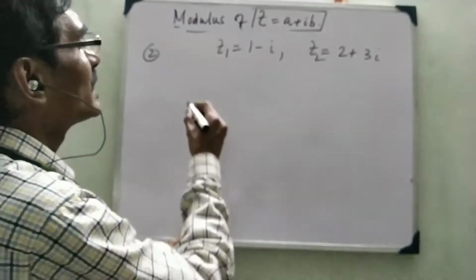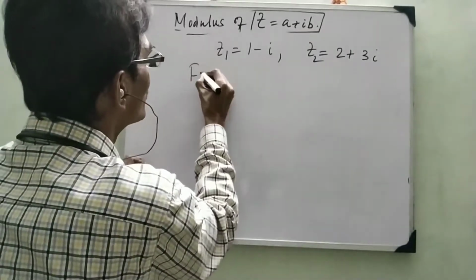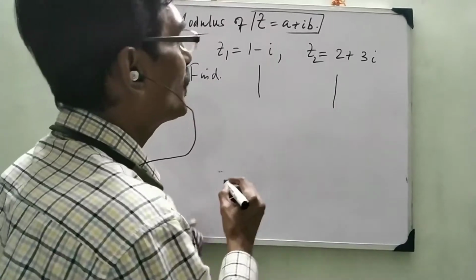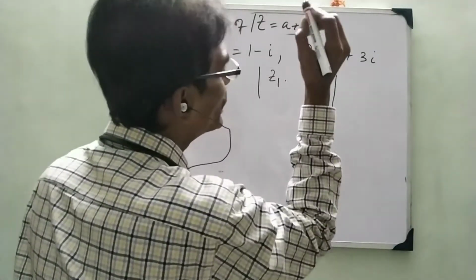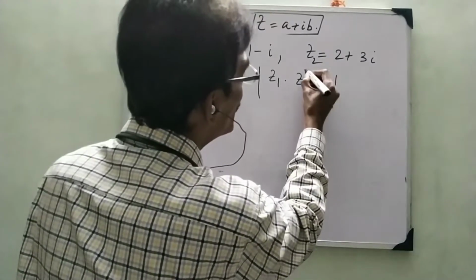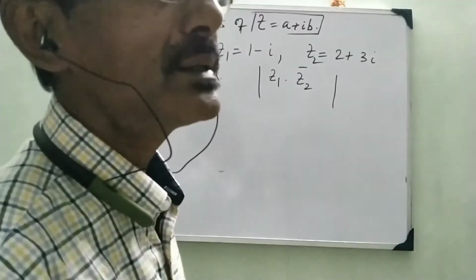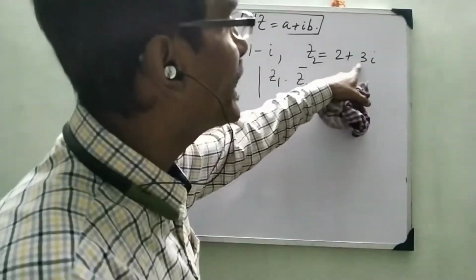Question is asked, find the modulus of, look at the board what I am writing, z1 into z2 bar. I think you know what is z2 bar. Last day I have discussed, z2 bar is nothing but the conjugate of this.